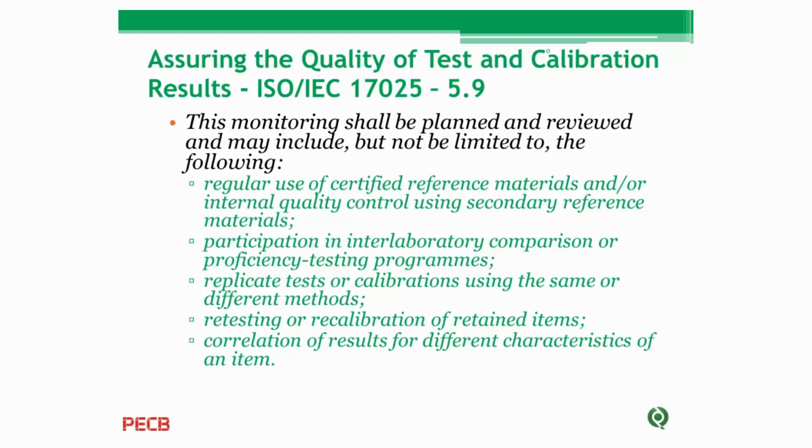When you have a stable test item in your laboratory, it would be a very good thing to test this item from time to time in order to see the stability of your results in the laboratory. And the last one is the correlation of results regarding different characteristics of the test item. Okay.